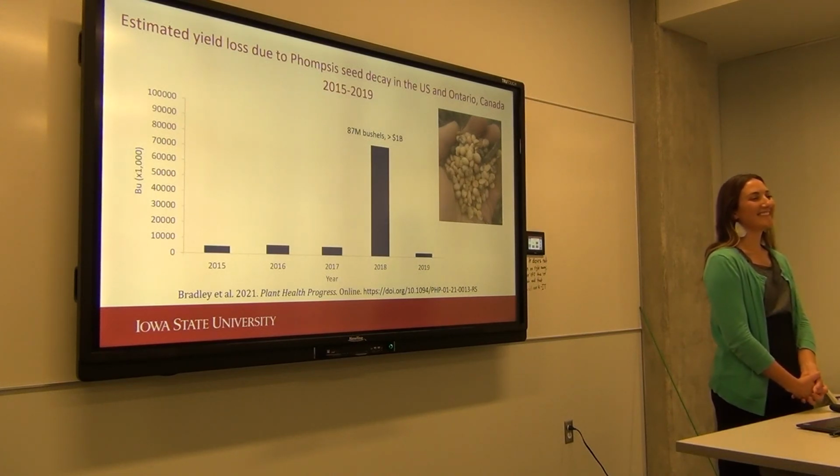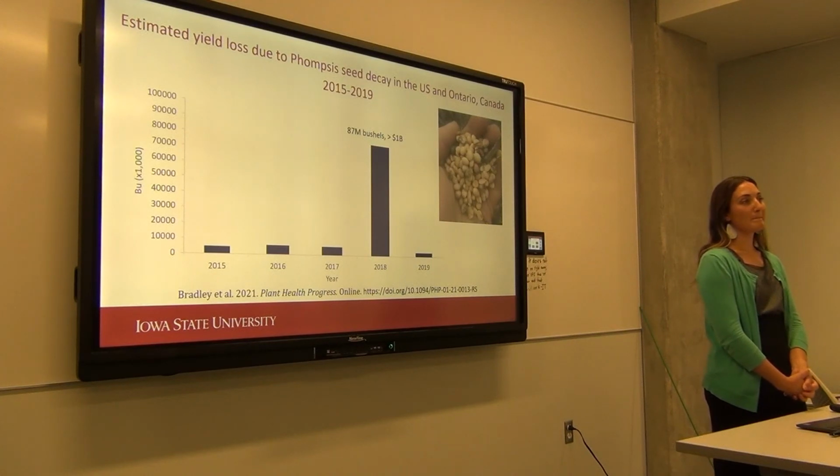Regarding the 87 million bushels that were lost in 2018, say a farmer takes a truckload of soybeans to the elevator and you lose those beans. The shriveled beans, did you do any testing with test weights between healthy and shriveled? No, I didn't.